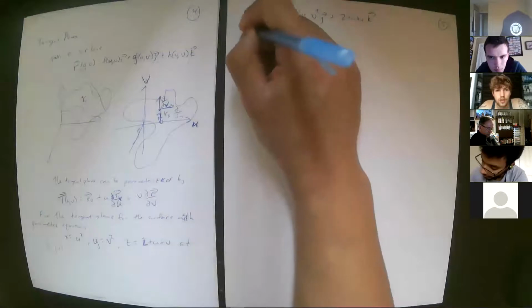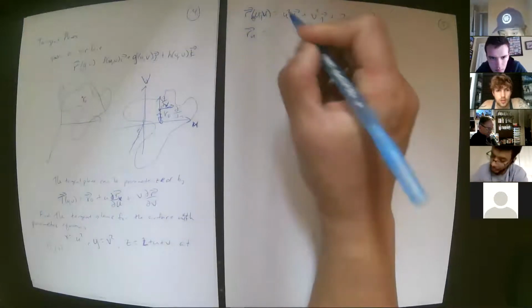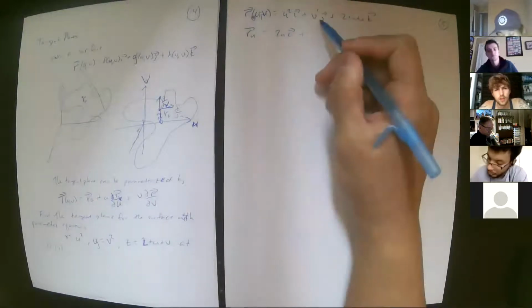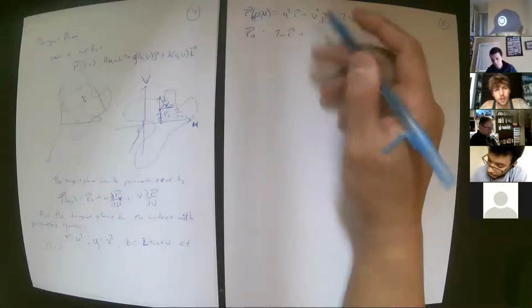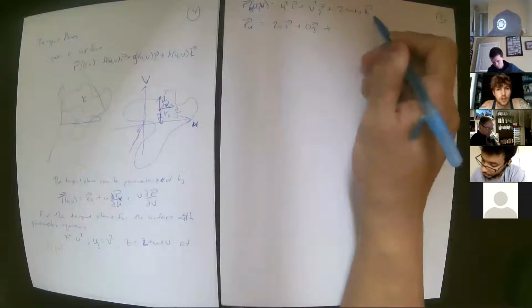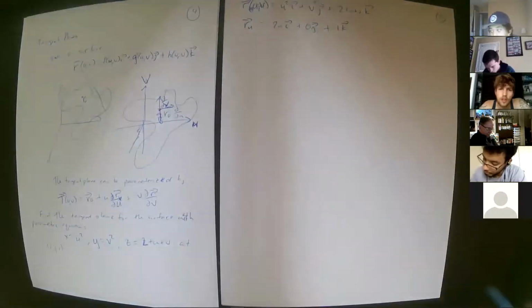So r_u should be the derivative of this with respect to u, which is 2u i, plus the derivative of this with respect to u, so 0j, plus the derivative of this with respect to u, which is 1k.